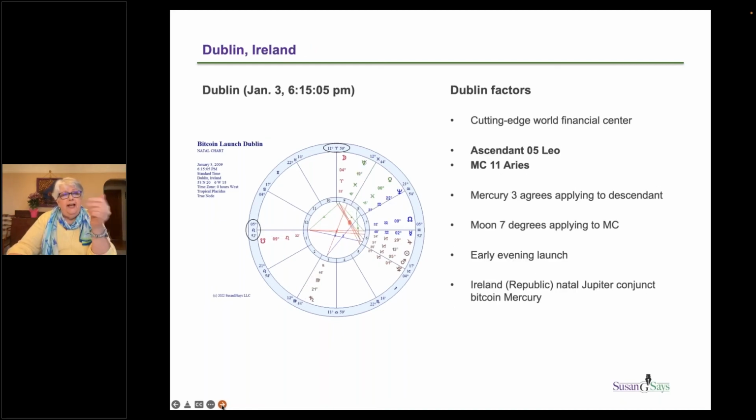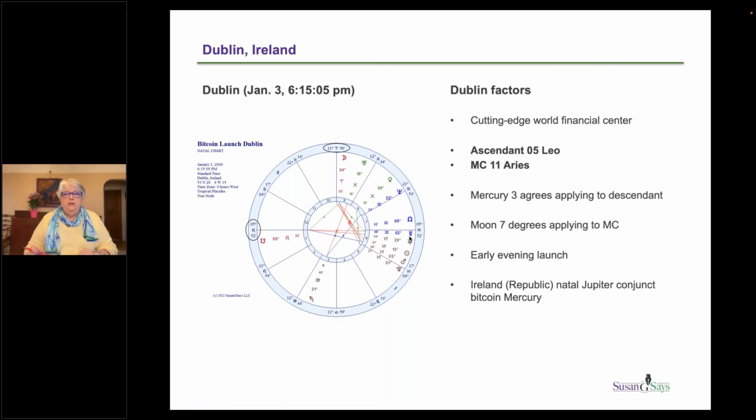Personally, I looked at that and I thought, Dublin. I like Dublin. It's a little edgier than London in terms of its financial savvy. I liked that Mercury at 2 degrees Aquarius was only 3 degrees away from the descendant. I just like Dublin because Mercury was closer to the descendant.